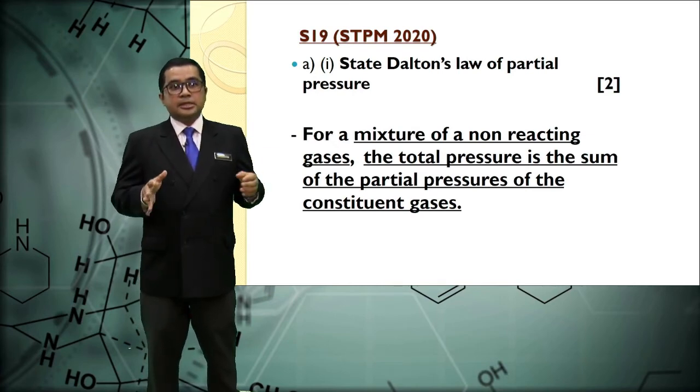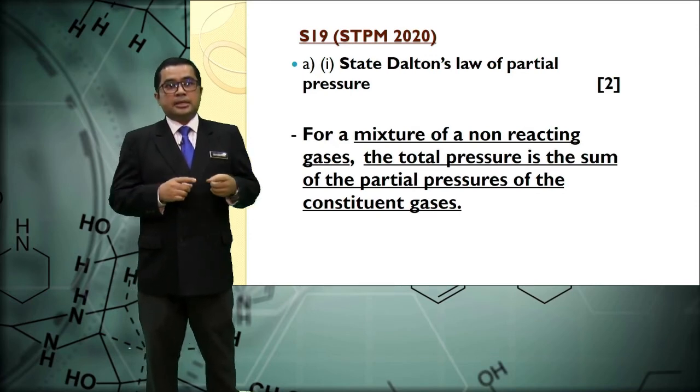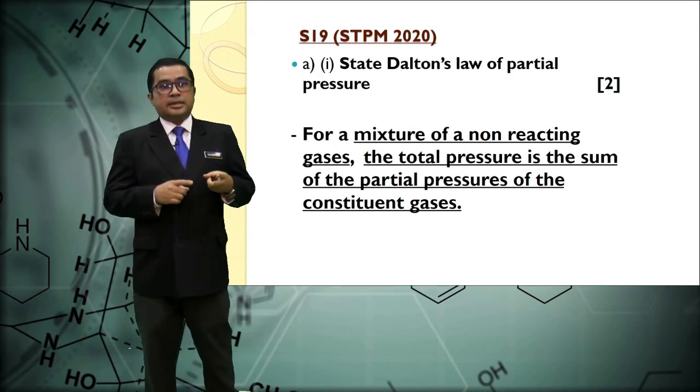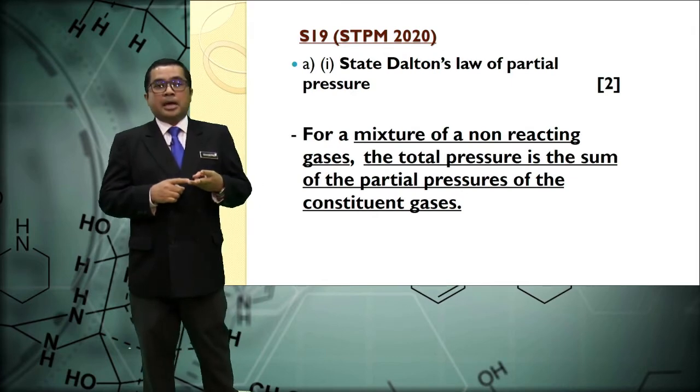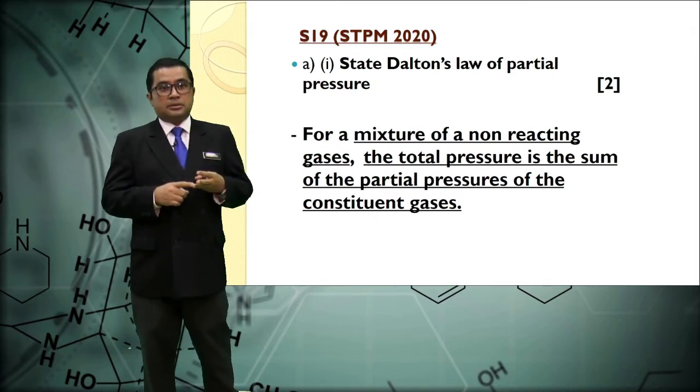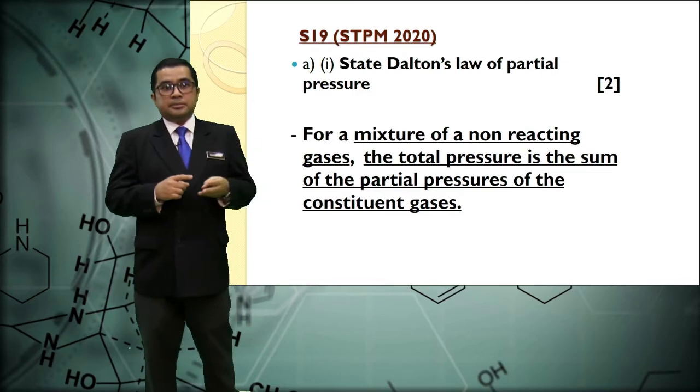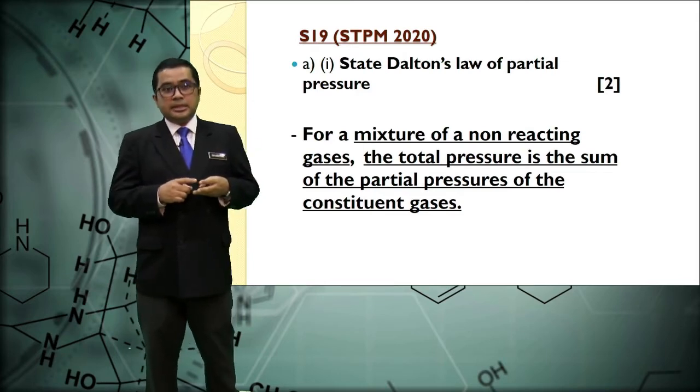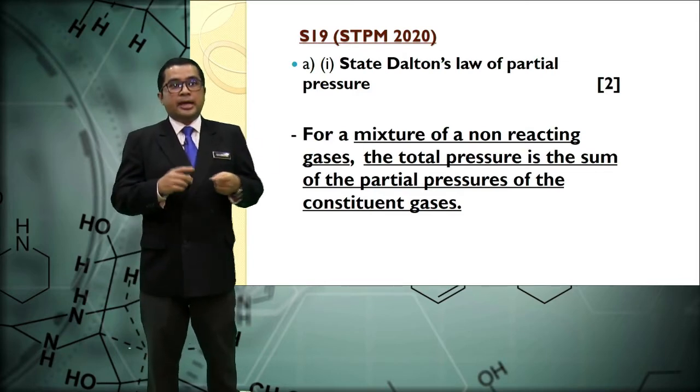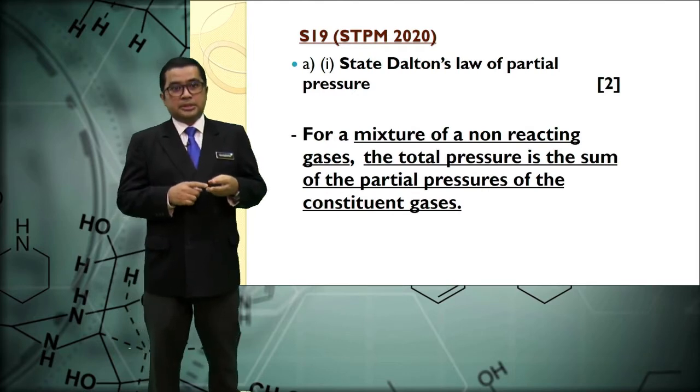I give you an example. Let's say in the vessel there are 3 gases: oxygen gas, nitrogen gas, and carbon dioxide gas. Each gas in the vessel has its own partial pressure.